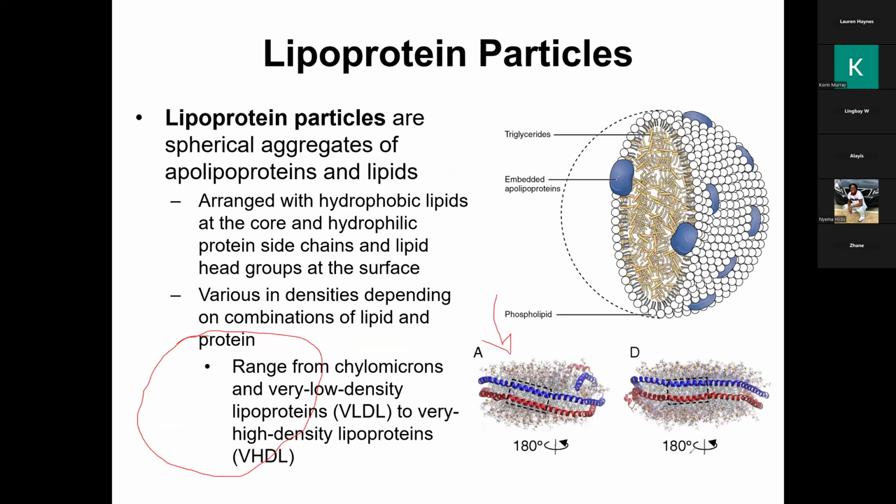Because the fat doesn't want to dissolve in water, these wrap around it and create a hydrophilic coat over the lipid to get it to solubilize a little better. Apolipoprotein is the name of the protein, and when it binds to the lipid, it's a lipoprotein particle.